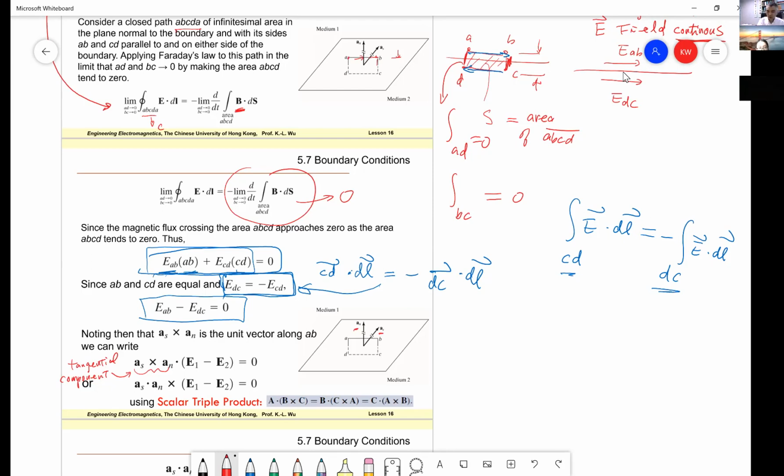So I take the tangential vector dot product with the difference of the two fields. If this is the boundary, this is AN, this field E1, this is epsilon 1, mu 1, this is epsilon 2, mu 2.